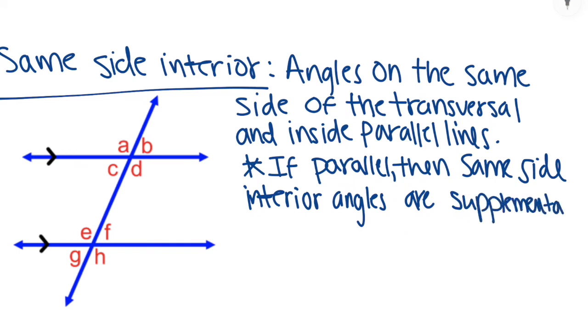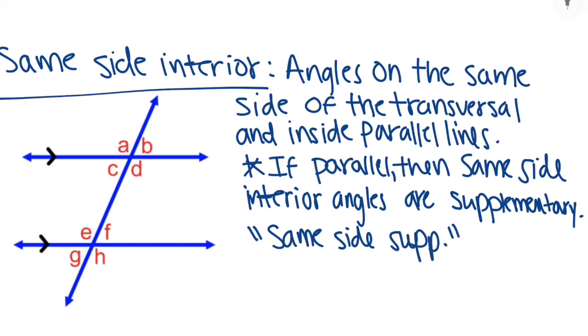A way that I remind students to remember it, I'm going to put it in quotes for you: "Same side sup." It has a ring to it. So say same side sup. Same side congruent, careful. You would actually say same side same, and that would sound kind of silly, but same side sup has a nice little ring to it.